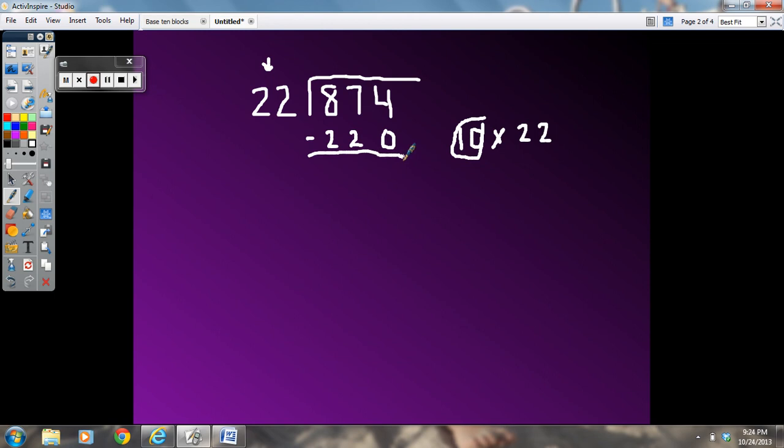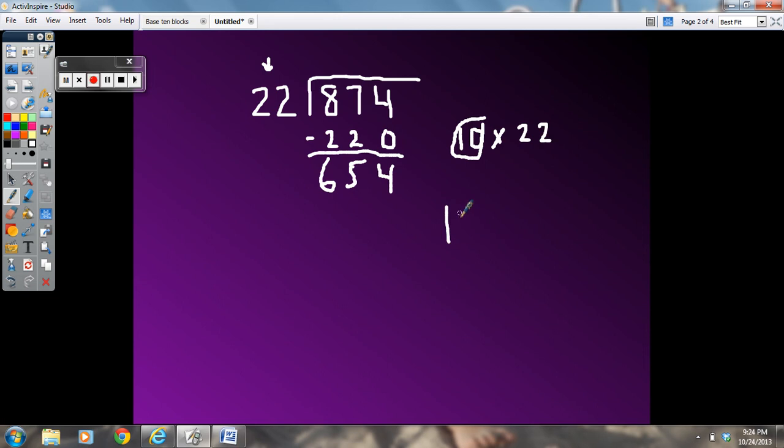Now, the next thing you need to do is figure out how many blocks you're going to be left with. In this instance, you'd be left with 654 ones blocks. And like we were doing in class, we would ask ourselves if we could make another 10 groups of 22 with the 654 ones blocks. I know 10 groups of 22 equals 220, and I have 654 blocks I'm working with.